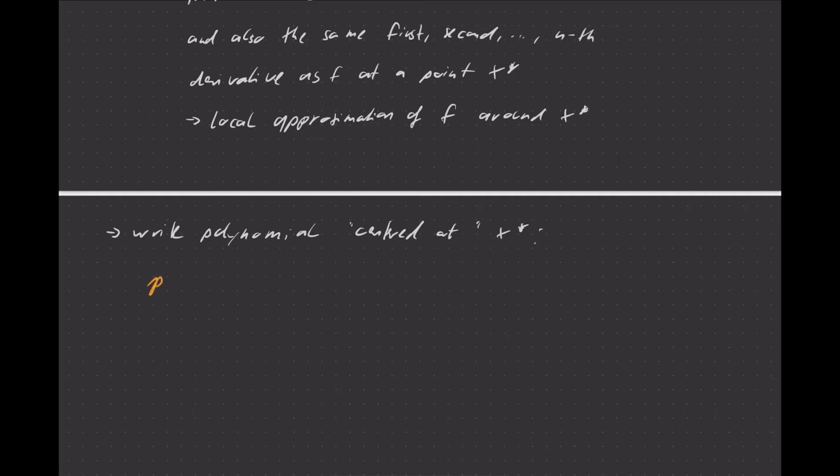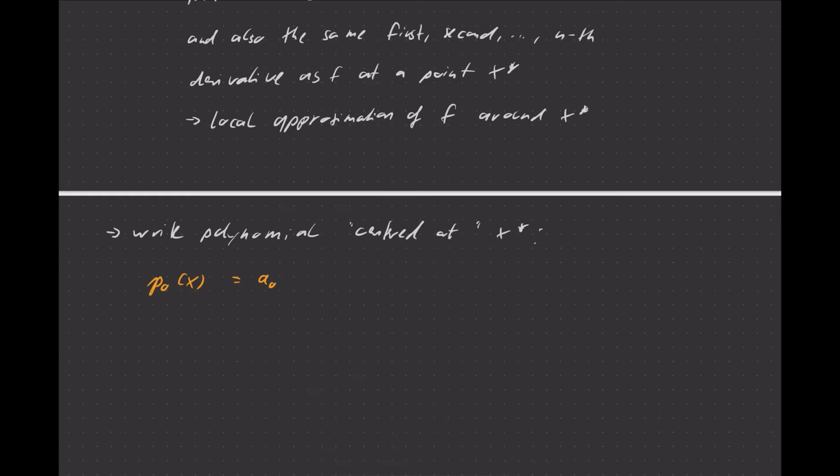We start systematically with the polynomial of degree 0, P0 we'll call that. And for that polynomial, we want that it is equal to the function value of f at the point x star. Now, a polynomial of degree 0 basically has the form a0 and nothing else.